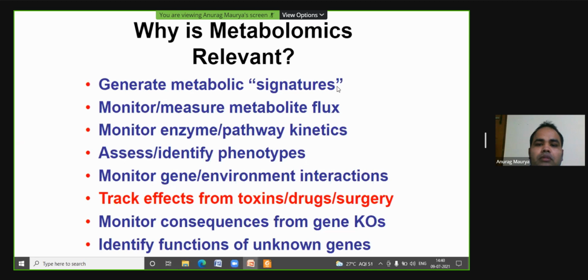For example, take air pollution. If there is air pollution, some kind of pollutant has occurred in the environment, and you want to know what kind of effect you could assess by studying the metabolic profile of the humans living there. Of course, you can. You might not know those signature molecules, but there are ways in metabolomics to identify those signature molecules. In that way, you can find out the signatures.